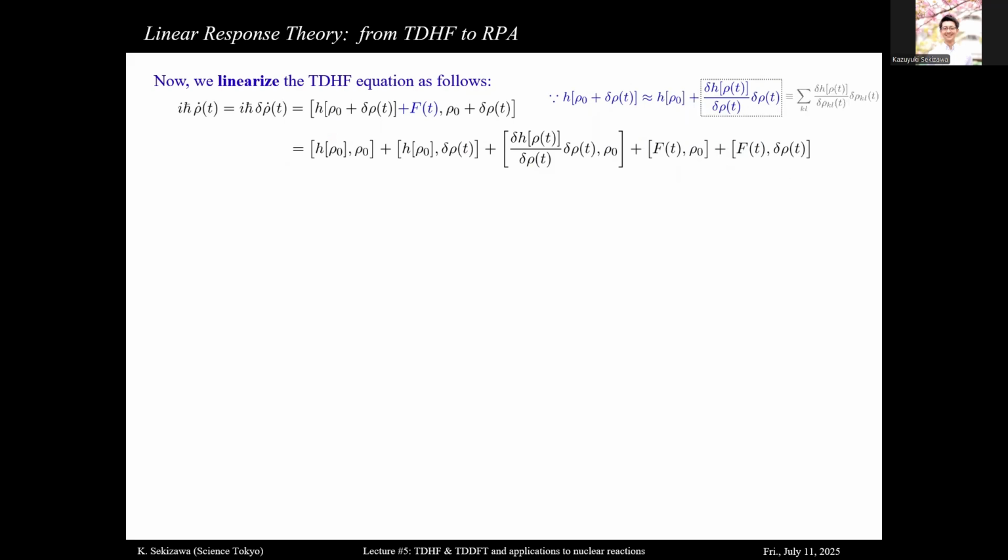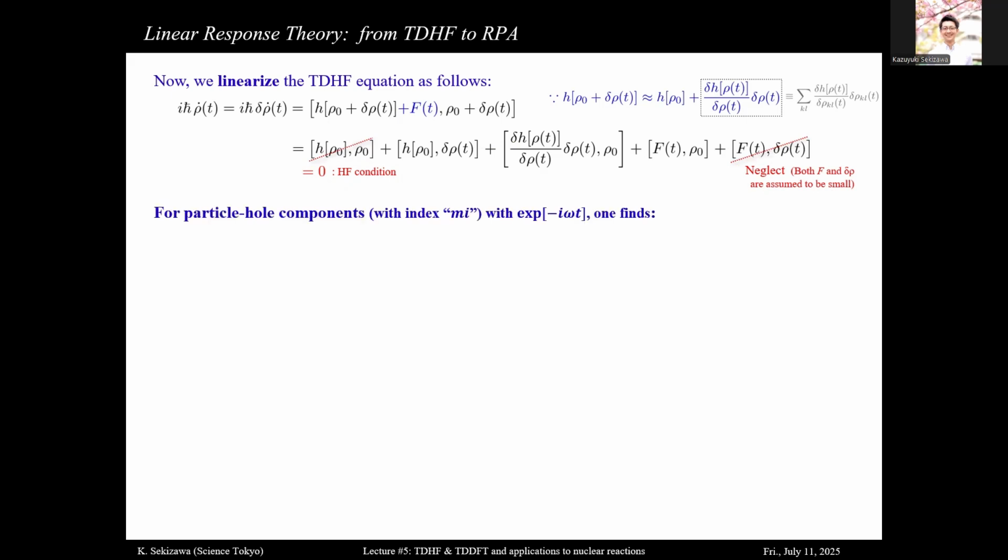Okay. And here, from the Hartree-Fock condition, H and rho commute with each other. So this vanishes from the Hartree-Fock condition. And the F delta rho term we can neglect because F and delta rho are assumed to be small perturbations, so this is second order.